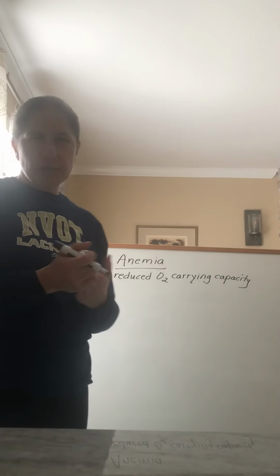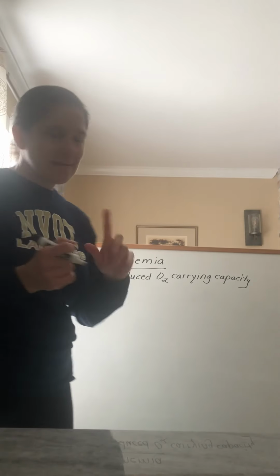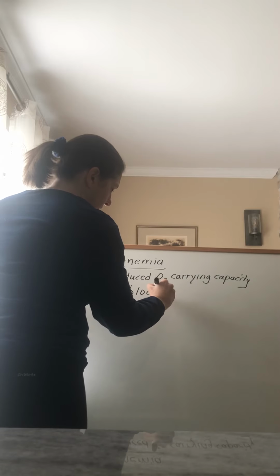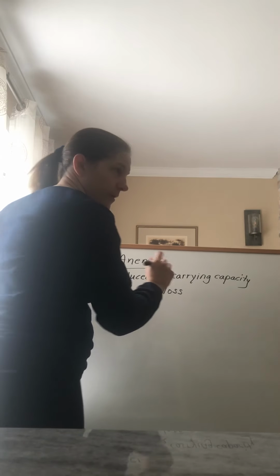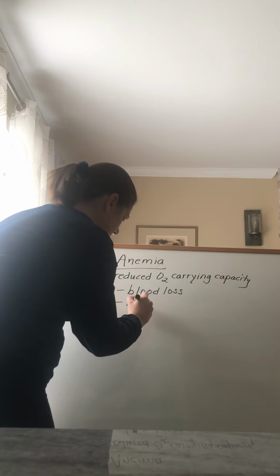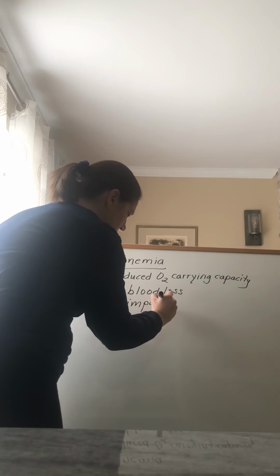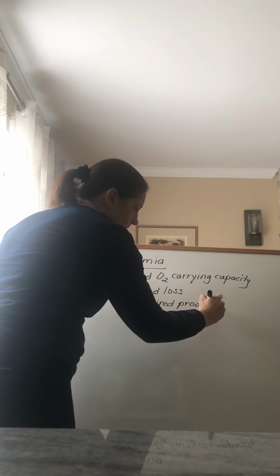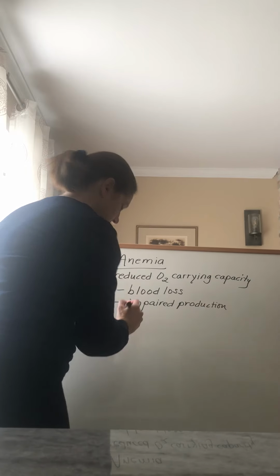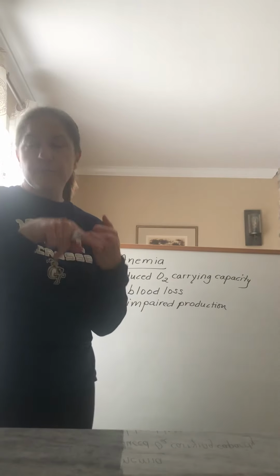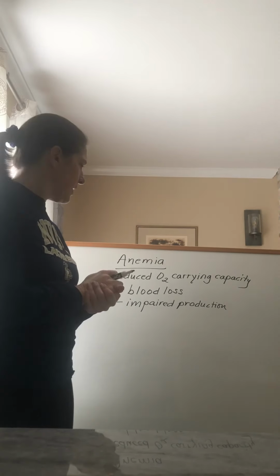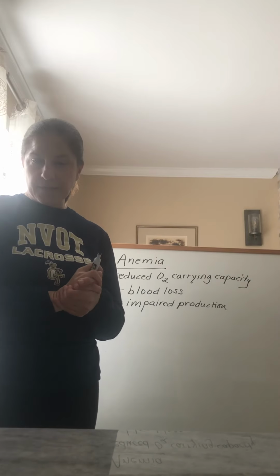So the common causes we could guess would be things like blood loss could lead to temporary anemia. Impaired production could lead to anemia. All right, so if someone had blood loss, whether it be large scale or not so large scale, could lead to temporary anemia.